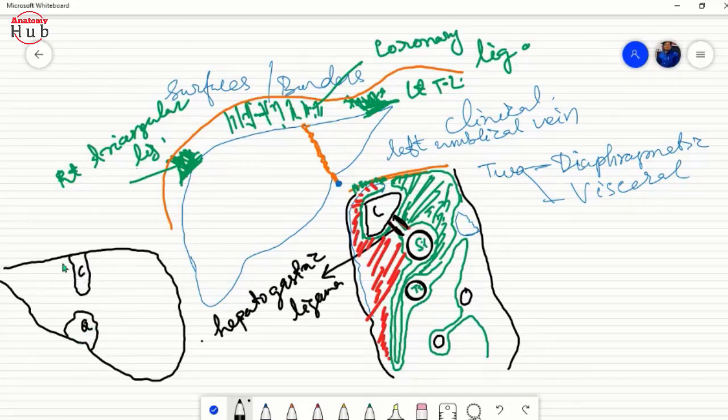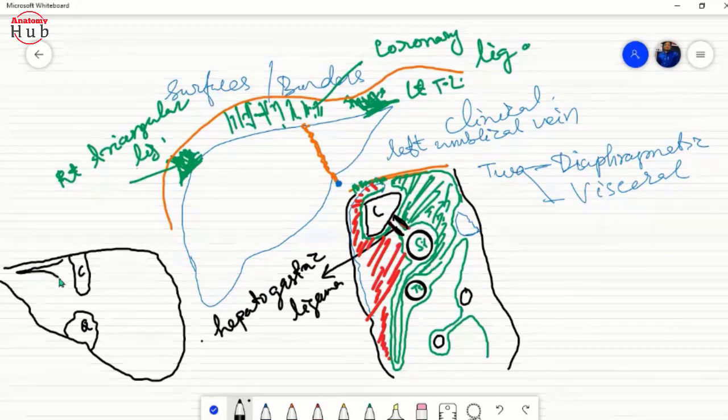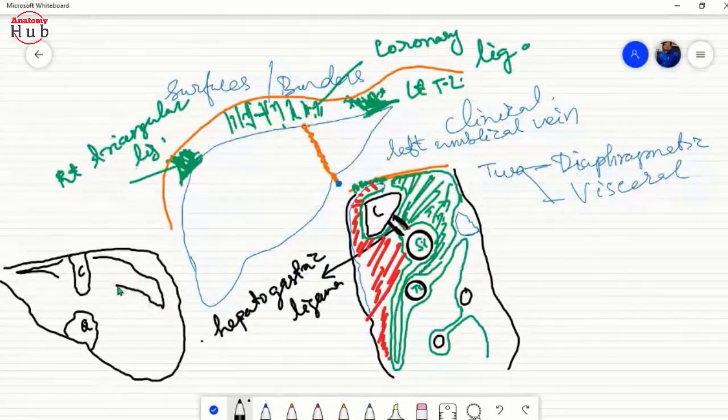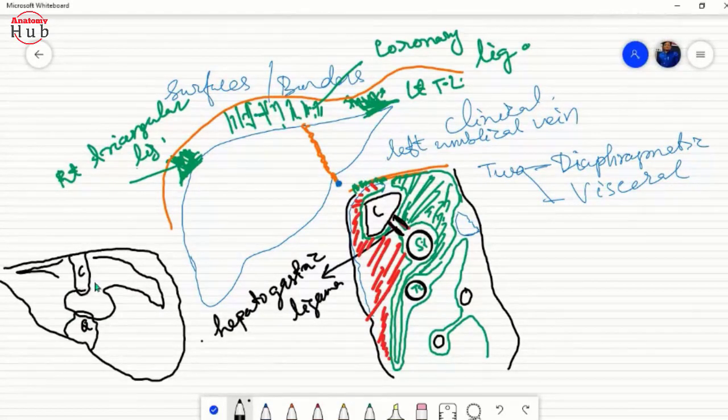Fine, and here you will find the presence of your left triangular ligament, and here you will find the presence of your right triangular ligament. And this whole area is your porta hepatis, right?